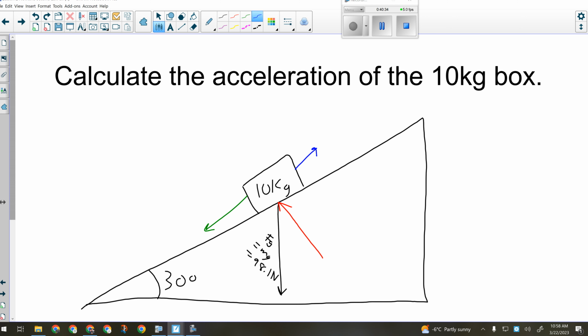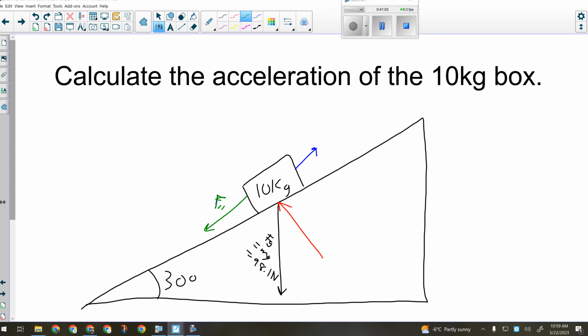So once I've calculated this force, which incidentally has a special name, we call it F parallel. It's the component of force parallel to the plane. Those are supposed to be two parallel lines beside the F. F parallel.